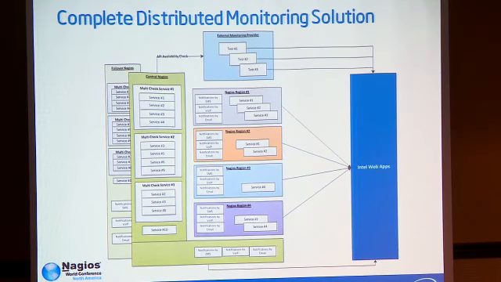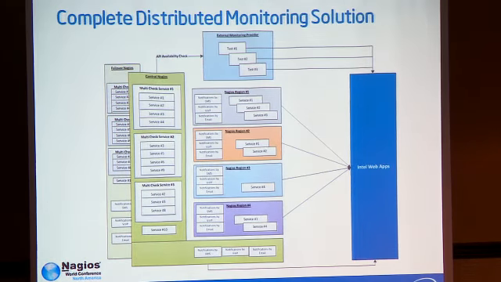This is how our complete distributed monitoring solution looks. As I said, you have the external providers that you can set up as checks. You have the multi-check services for each service.